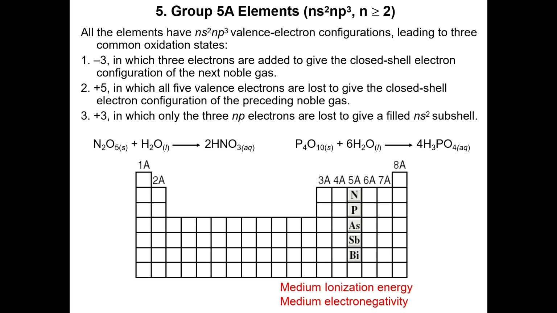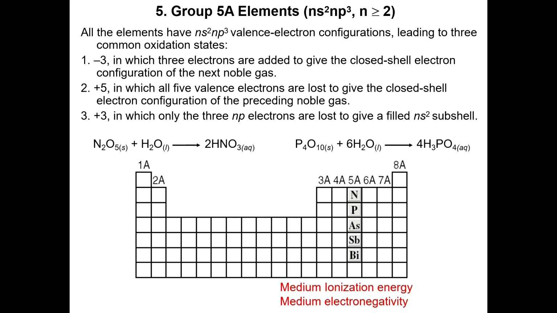Group 5A. So 5A also have medium ionization energy. This means they may get 3 more electrons, or lose all 5 electrons, or just 3 electrons. So they can show a -3 charge, or they can show +5 or +3 charge.